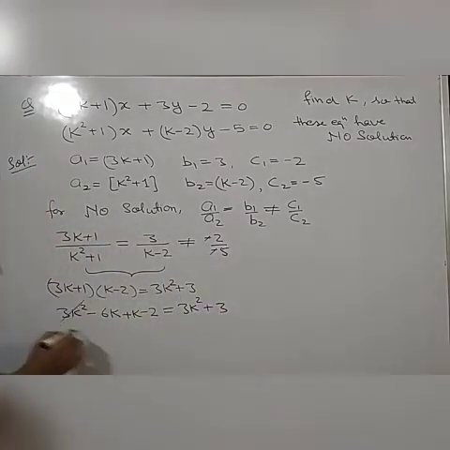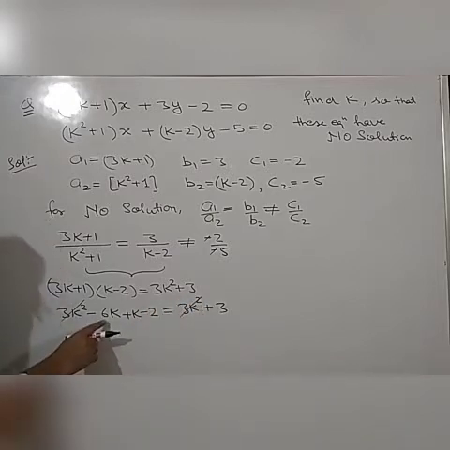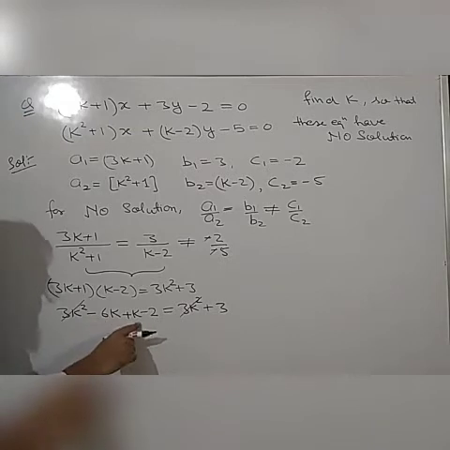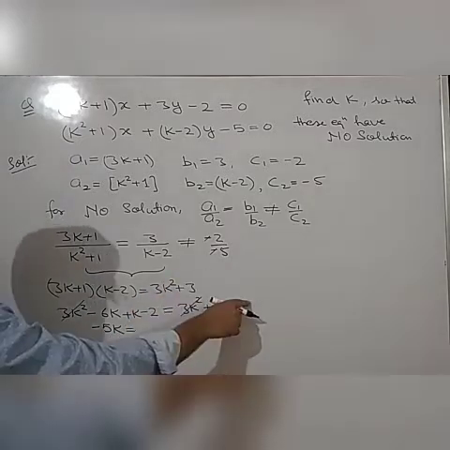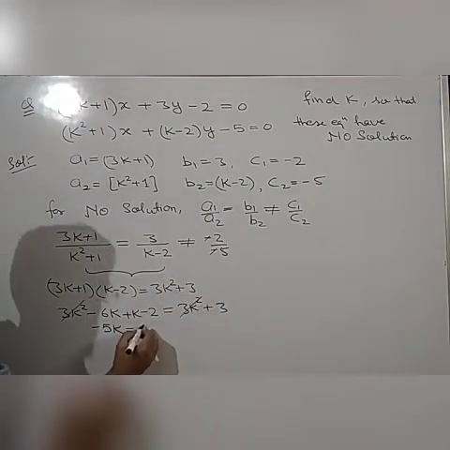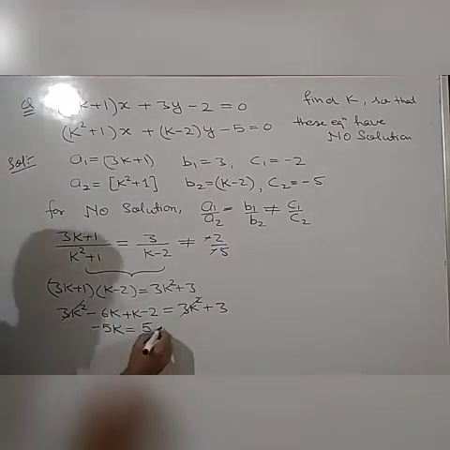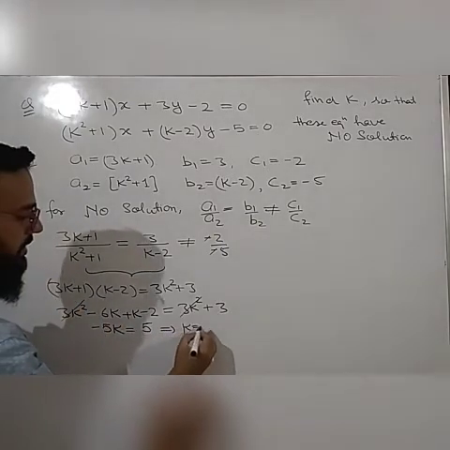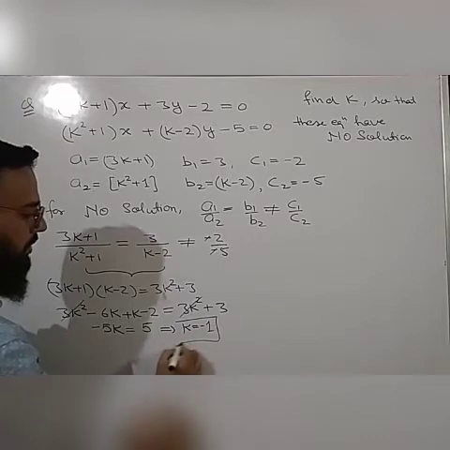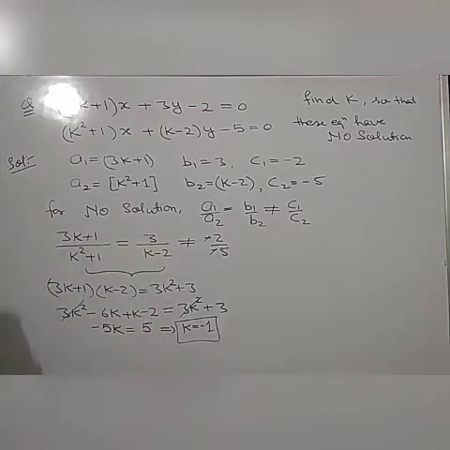Now this 3k square will be cancelled out. So from here it will be minus 6k plus k, that is minus 5k, equal to, taking minus 2 to the right hand side, plus 2, so 3 plus 2 equal to 5. Or we can say that k will be equal to minus 1. So we get the value of k, which is equal to minus 1.